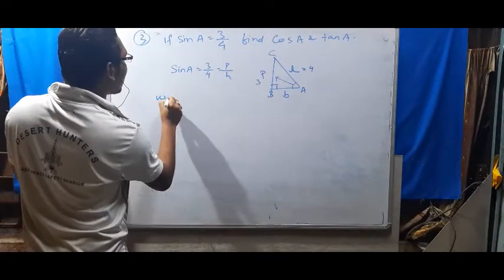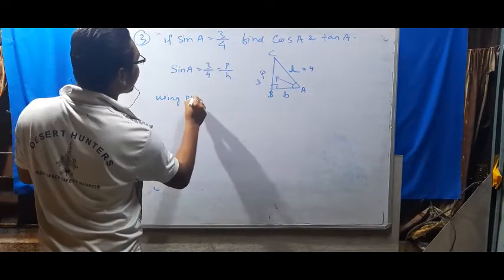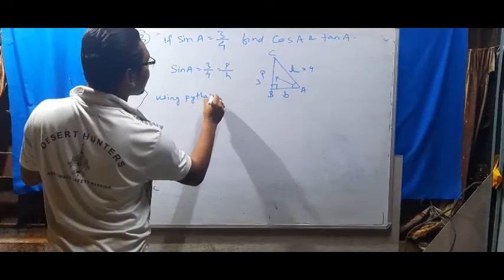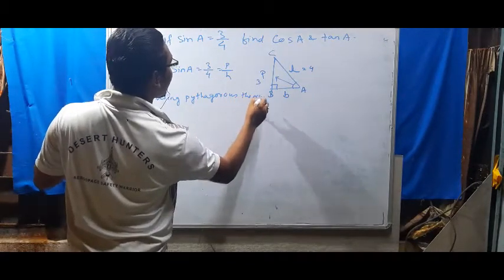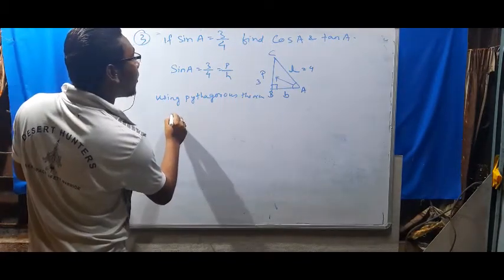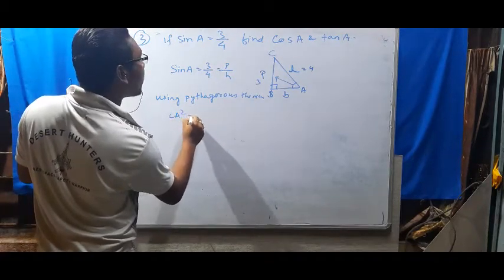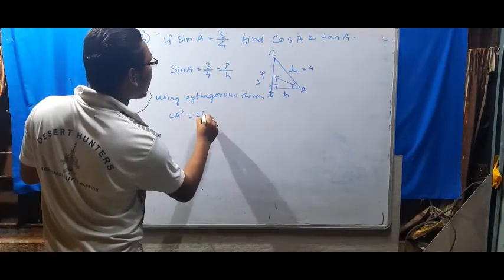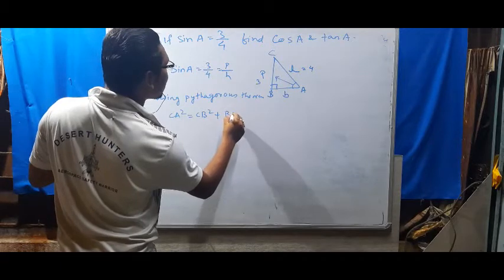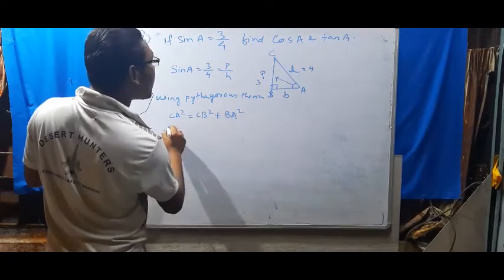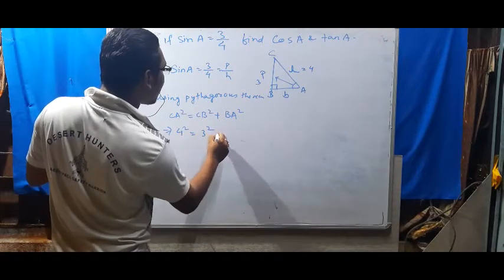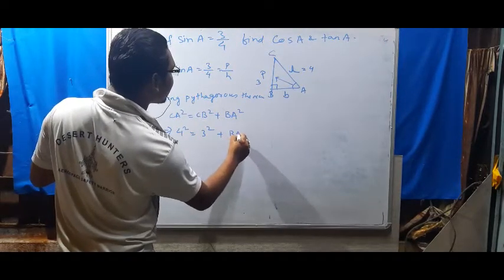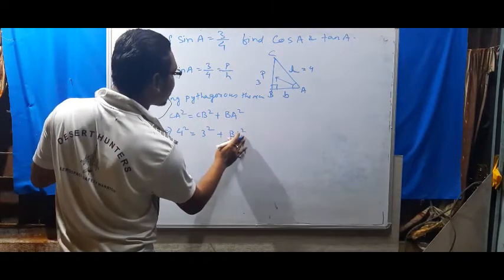Using Pythagoras theorem, CA square equal to CB square plus BA square. So CA square equal to 4 square, equal to CB square, 3 square, plus BA square, or B square.